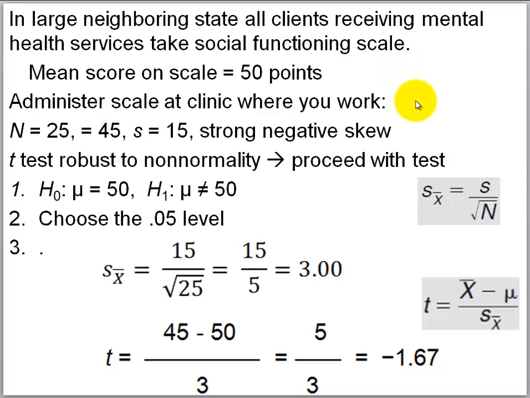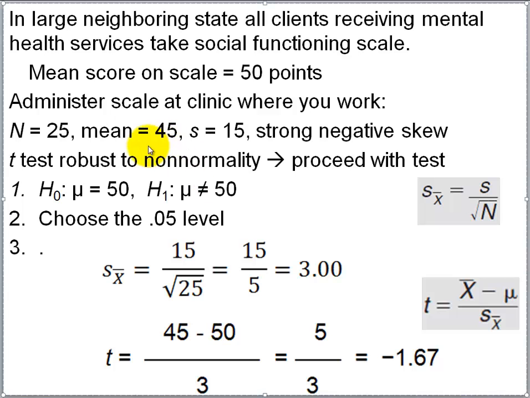Now, you administer the scale at the clinic where you work, to 25 clients. The mean score of those 25 clients is 45, and the standard deviation is 15. And I've just corrected the slide and written in that 45 is indeed the mean.